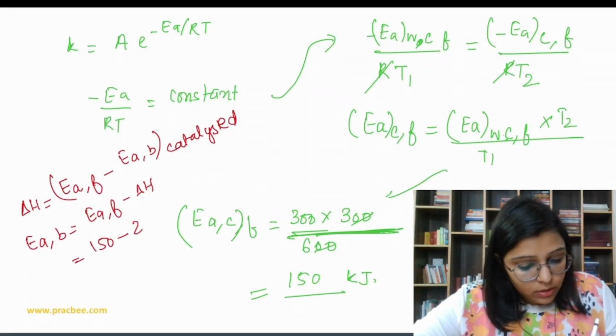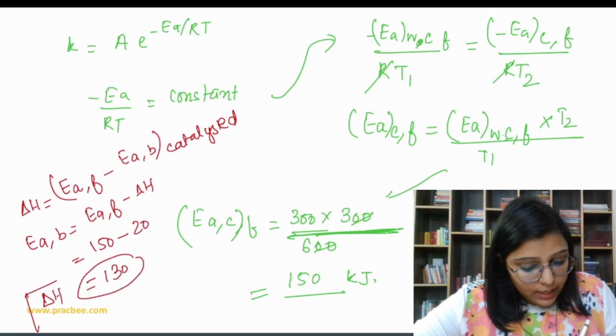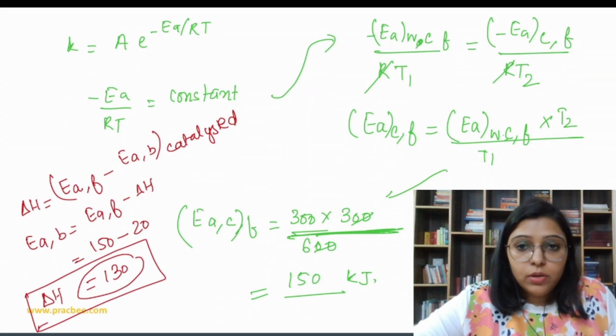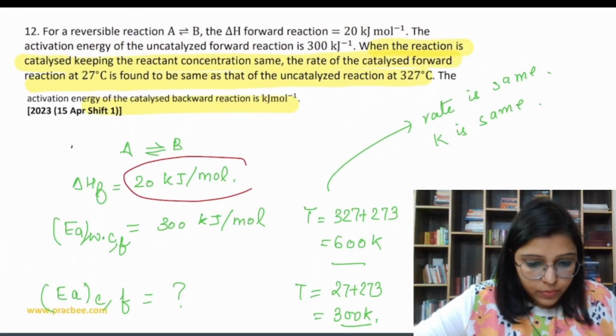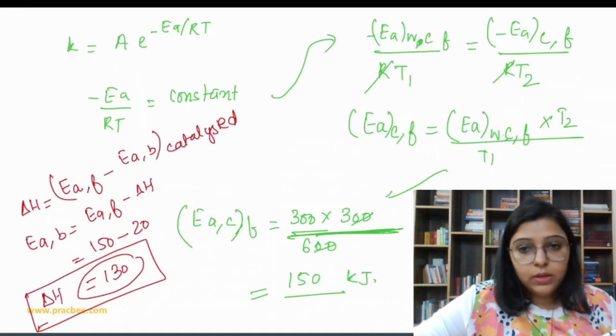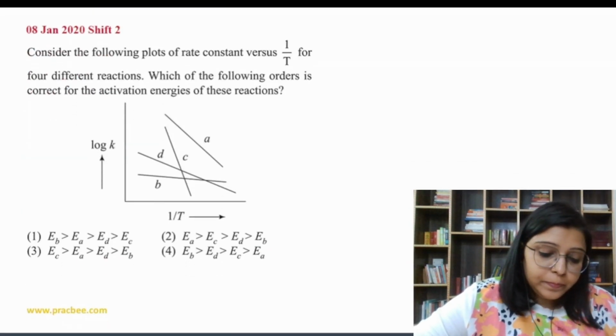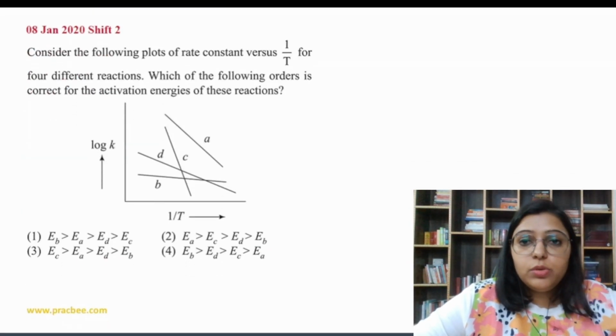So we get answer equal to 130. Okay, 150 minus 20, so 130. That's it. Okay, now let's do this question.